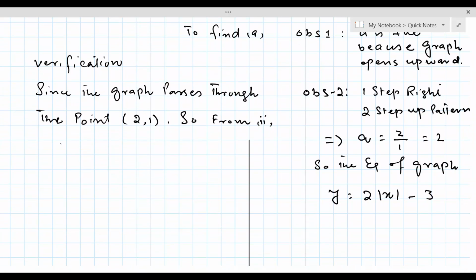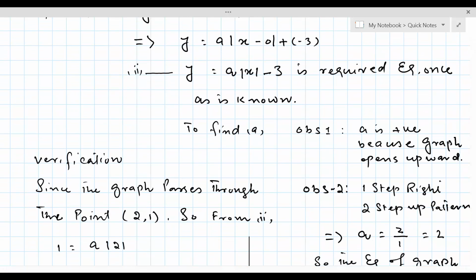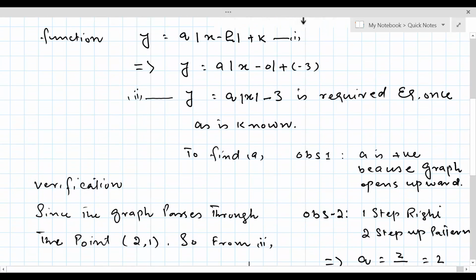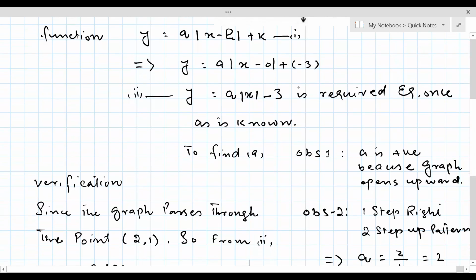So y is equal to 1 is equal to a times |2| minus 3.